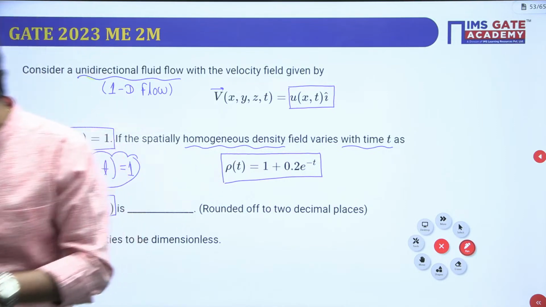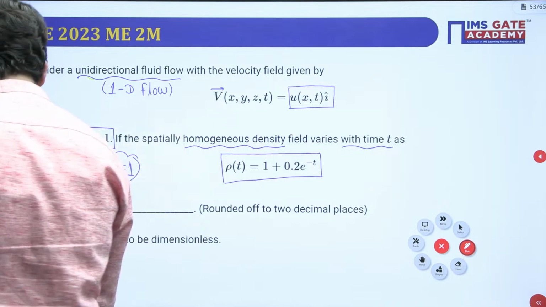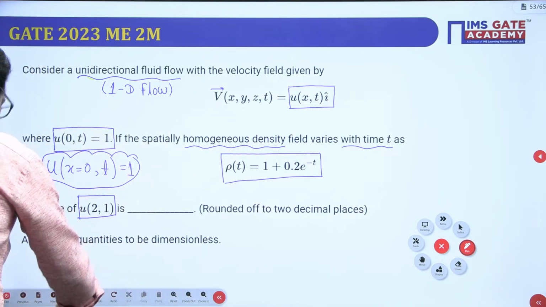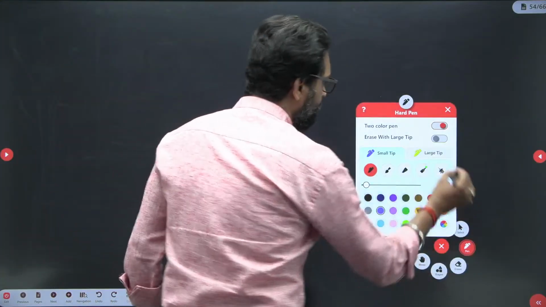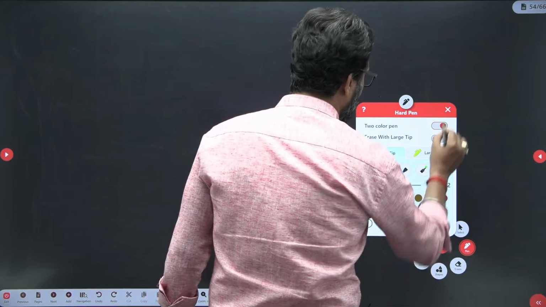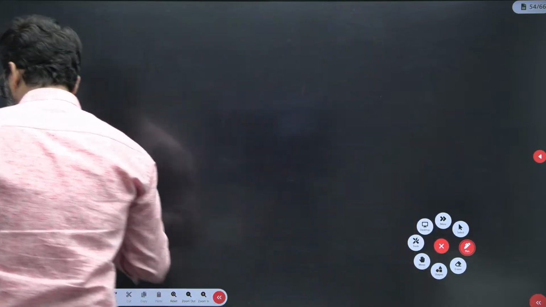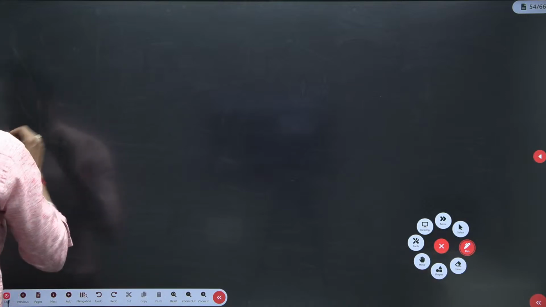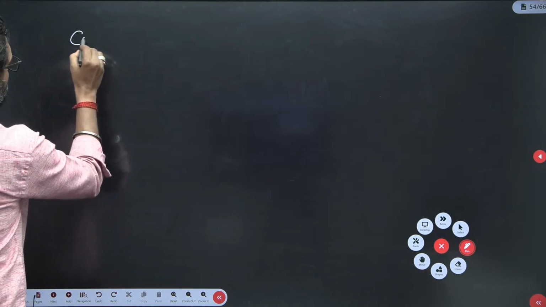If you take the general form, my dear, the continuity equation.